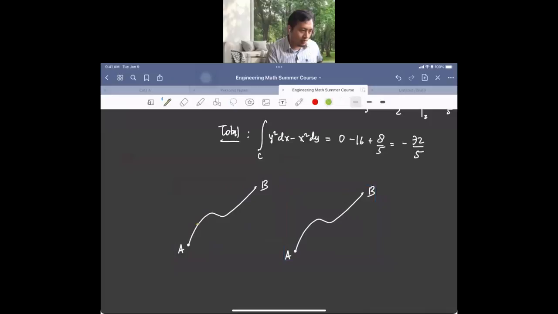So the first one, we take this direction, we say that this is curve C. Now if you take another direction, the opposite direction, this becomes minus C. So this is what we call a curve with opposite orientations.